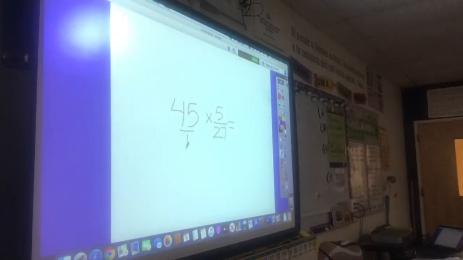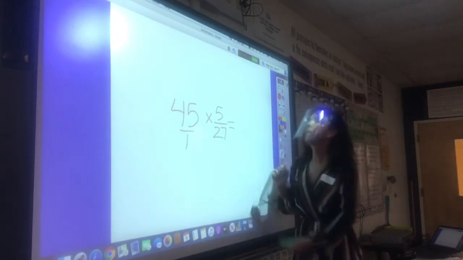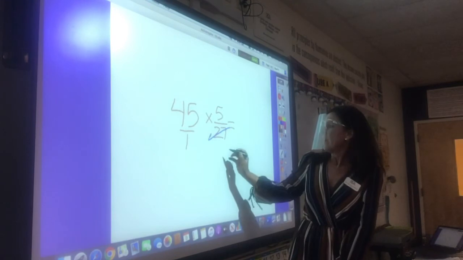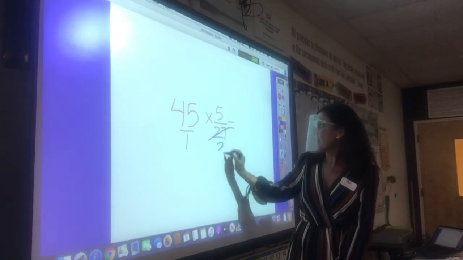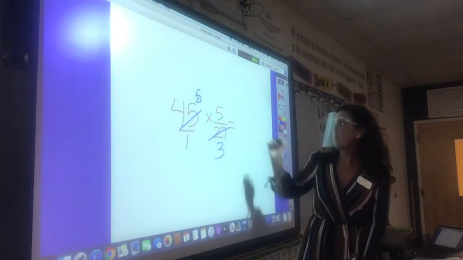And 45 and 27 have something in common that goes into both. So Harrison, what would that be? 9 goes into both. So what happens here? The 27 goes into 3. Right, 9 goes into this 3 times, and 9 goes into here 5.